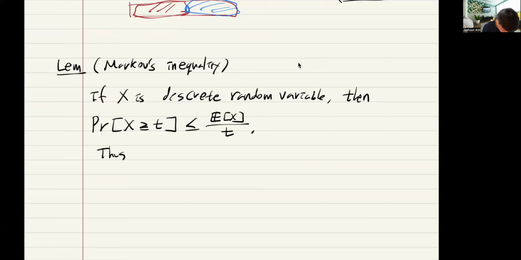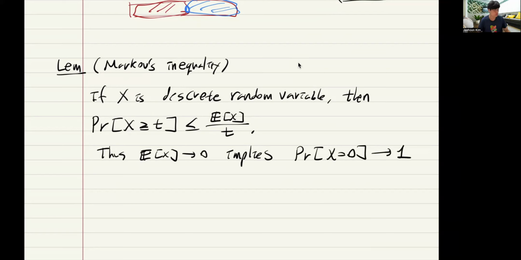Thus, if the expectation of X goes to 0, then this implies that the probability that X is at least t goes to 0, and the probability of the complement goes to 1.